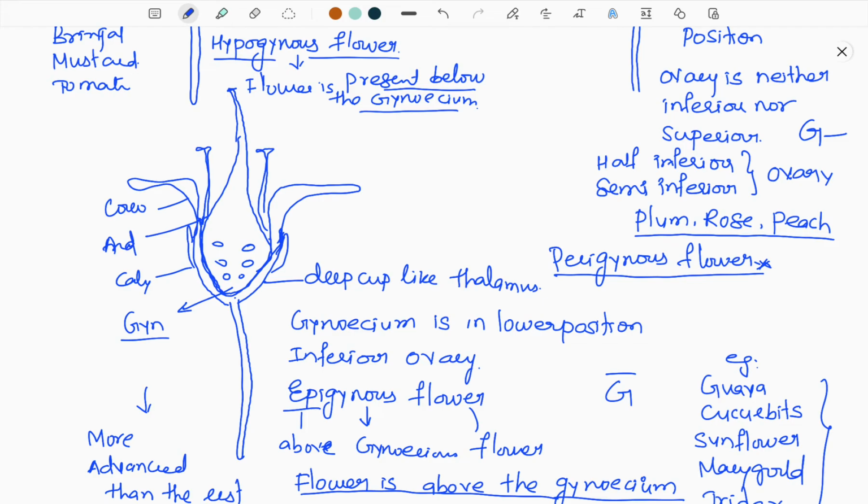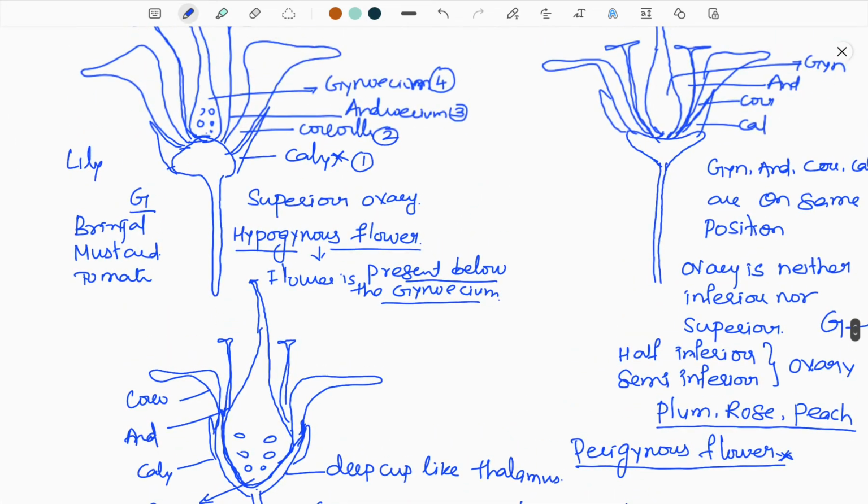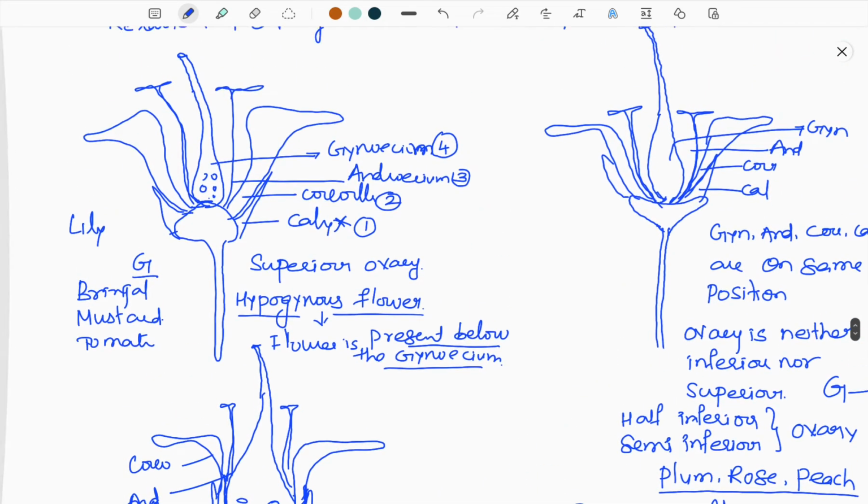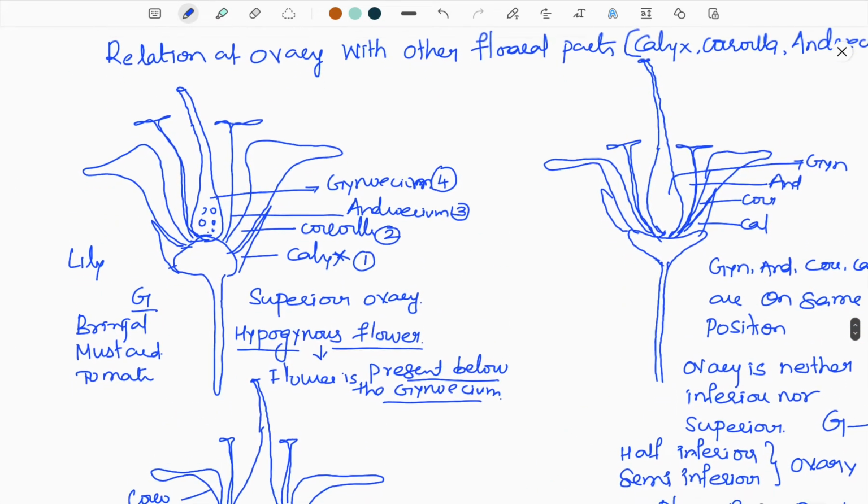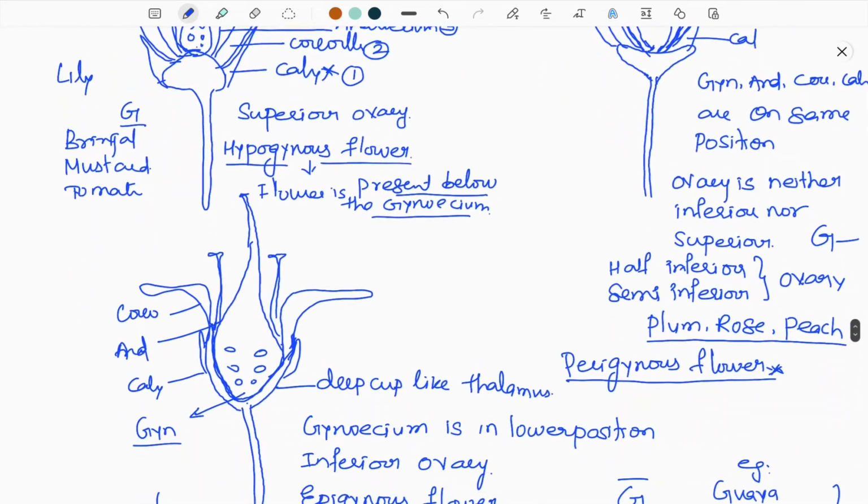That gynoecium is given much more safety and security by the thalamus, because it is deeply embedded inside the thalamus. So it is very much evolved than the rest. This is the explanation I have given about hypogynous flower, perigynous flower and epigynous flower.